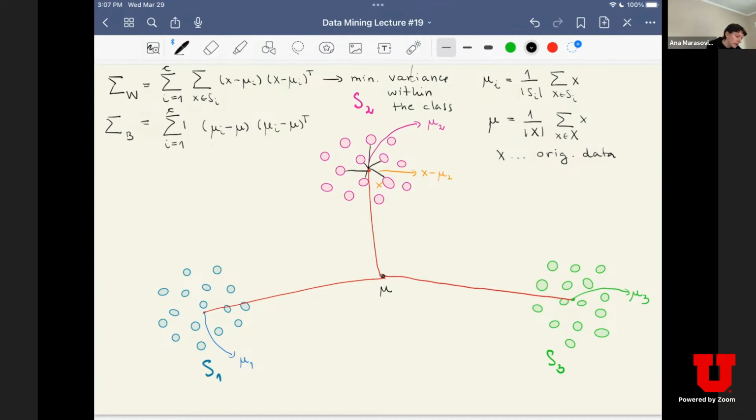We are also going to weigh that by the number of instances in the subset of the data corresponding to one class. If your subset has lots of instances, it is going to get more weight here. You are going to emphasize that this distance is larger for that class. So this thing we want to maximize, because we want to maximize variance between classes.